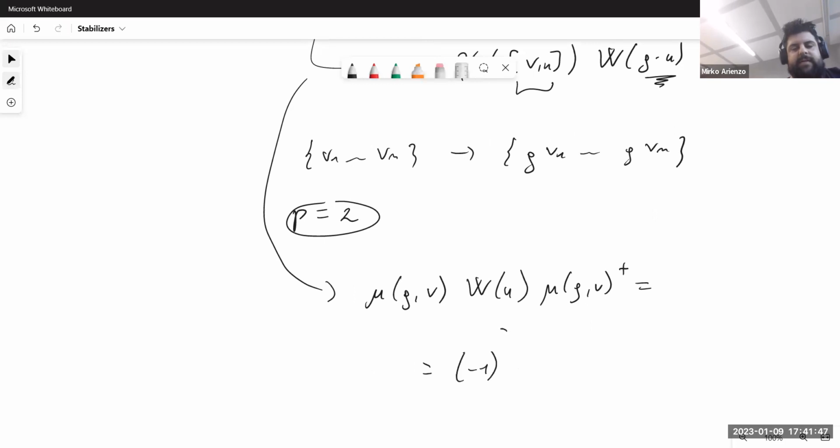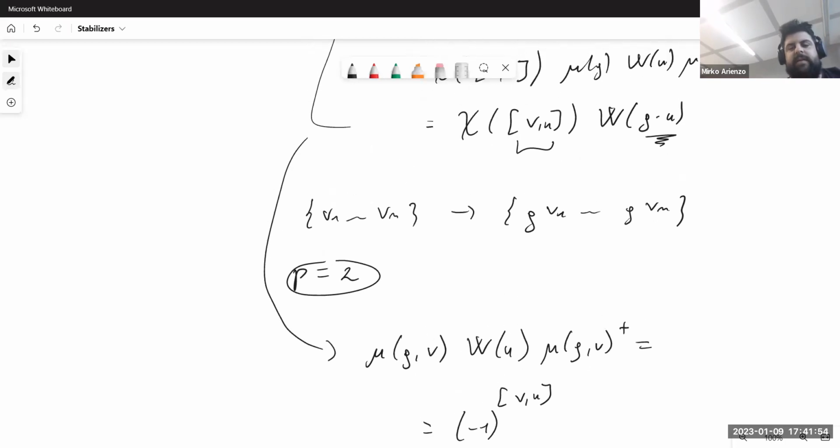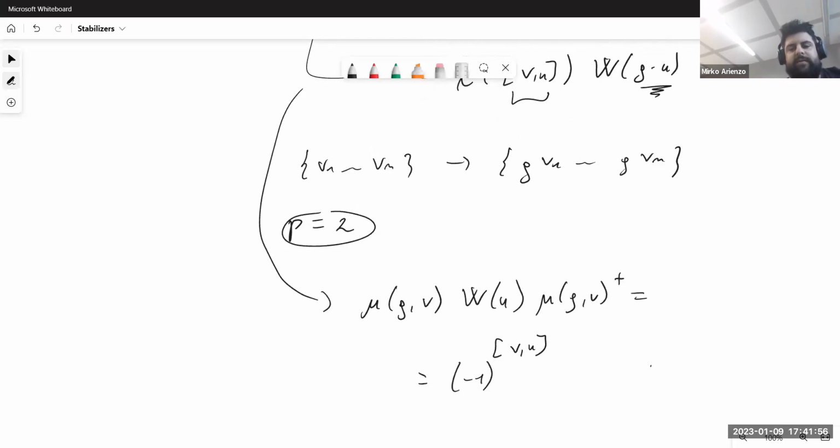You have first this factor here that is equivalent to this chi, and then you also have W of g times u, but there is another phase factor that is the function alpha g of e.